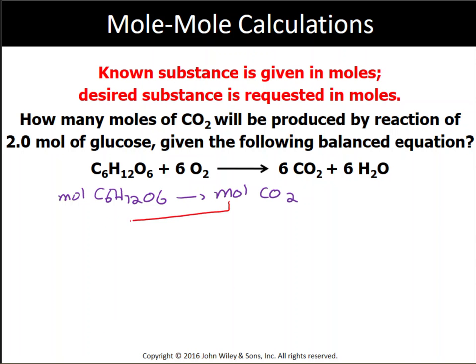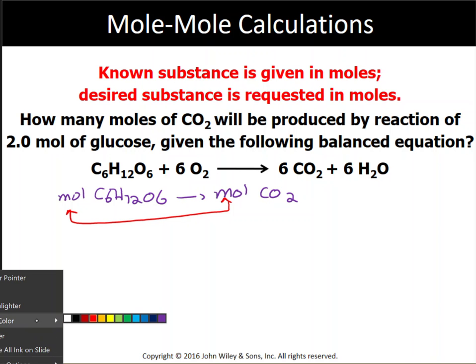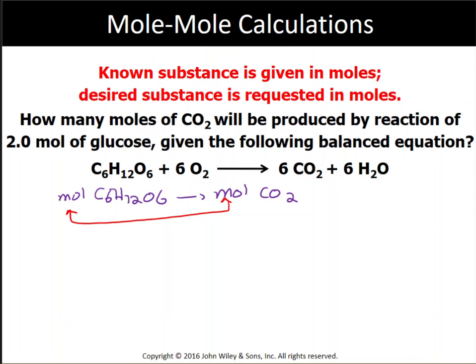So the type of conversion I'm doing is mole to mole. Moles are given to me, and I'm also solving for moles. So in that case, we can just write the molar ratio between glucose and carbon dioxide to solve this.